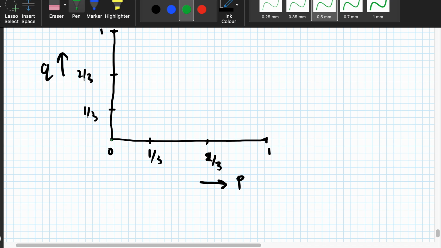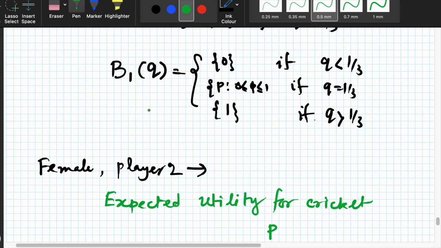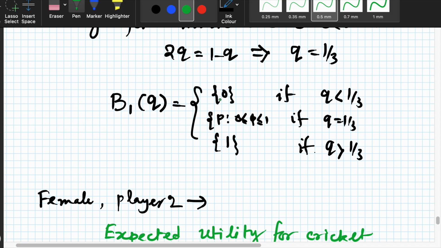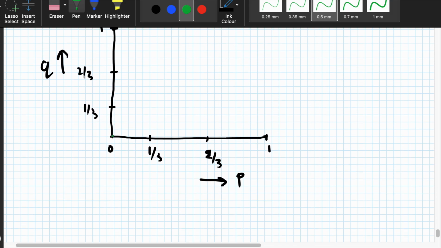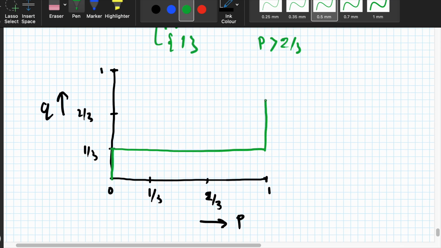For q from 0 to 1/3, q less than 1/3, the best response function is p equal to 0. Then at q equal to 1/3, all values are best responses, and for q greater than 2/3, only p equal to 1 is the best response. So this is the thing.